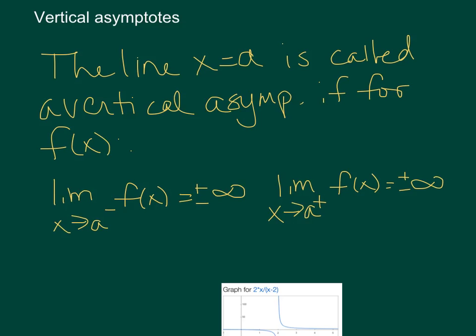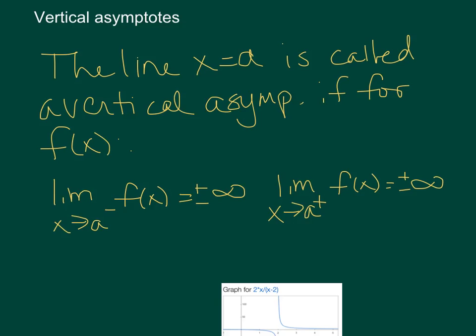Obviously, if both of those are true and they go to the same value, the limit as x approaches a could go to positive infinity or negative infinity. But even if they go to opposite infinities, so if one goes to positive infinity and one goes to negative infinity, we still have a vertical asymptote at x equals a.